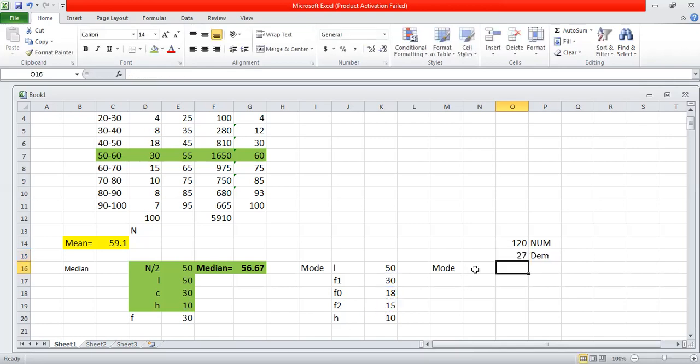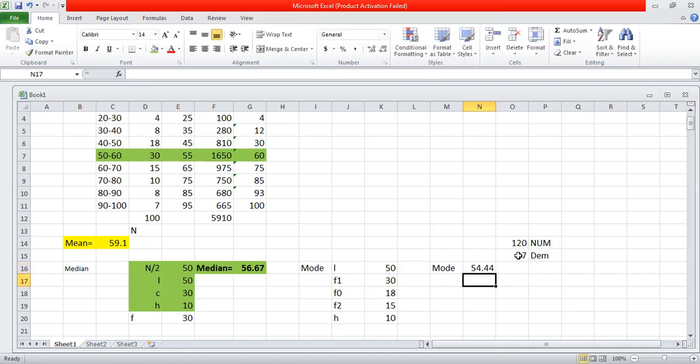So what is mode actually now? Mode equals to L plus, open the bracket, numerator value divided by denominator value.